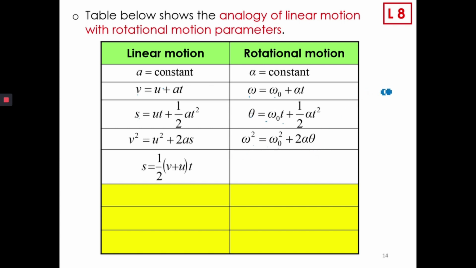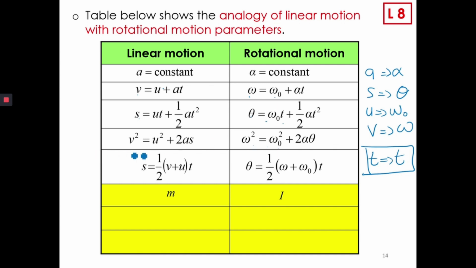Basically, all a will be alpha, all s will be theta, all u will be omega naught, all v will be omega, but t remains the same.